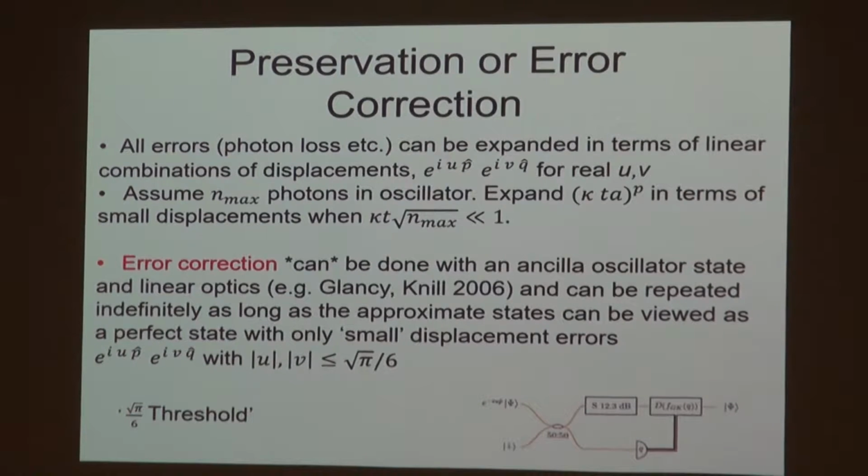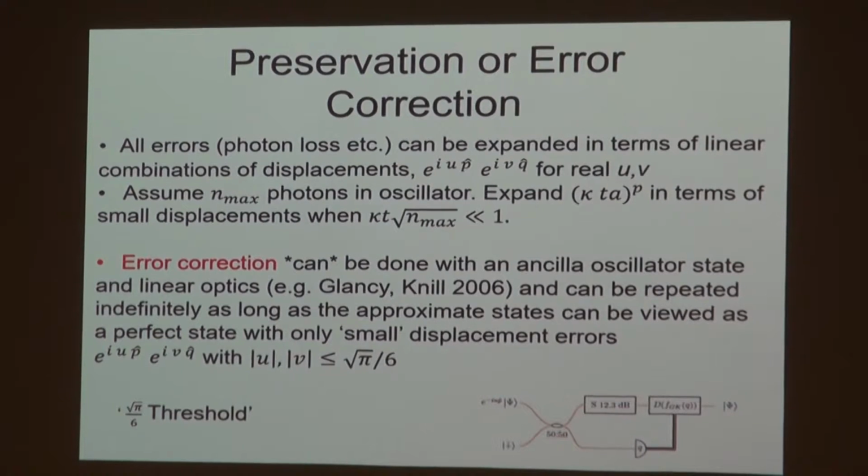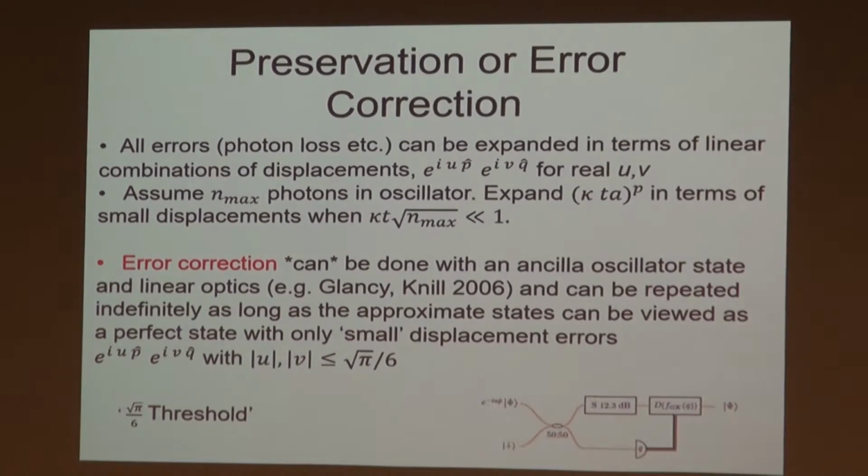Now, whether that is true depends on the number of photons that I have in my oscillator, right? Because let's imagine I have a coherent state. Maybe in my oscillator I have photon loss, but I may also have other things.